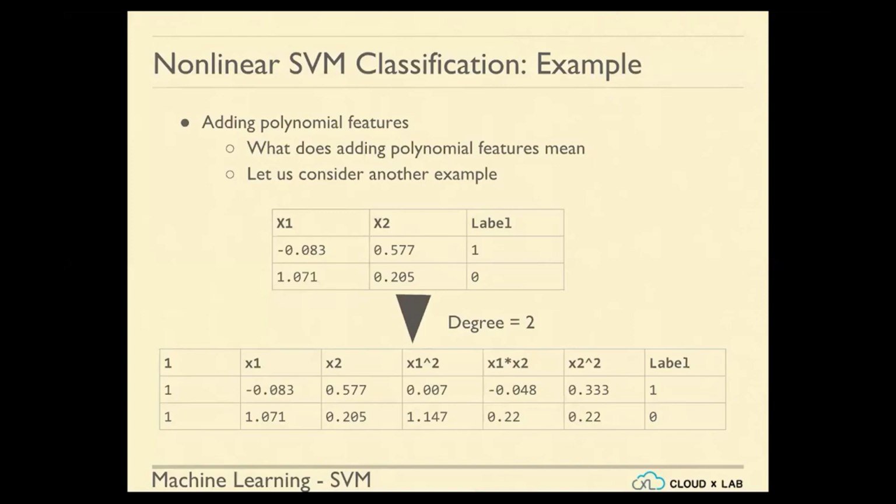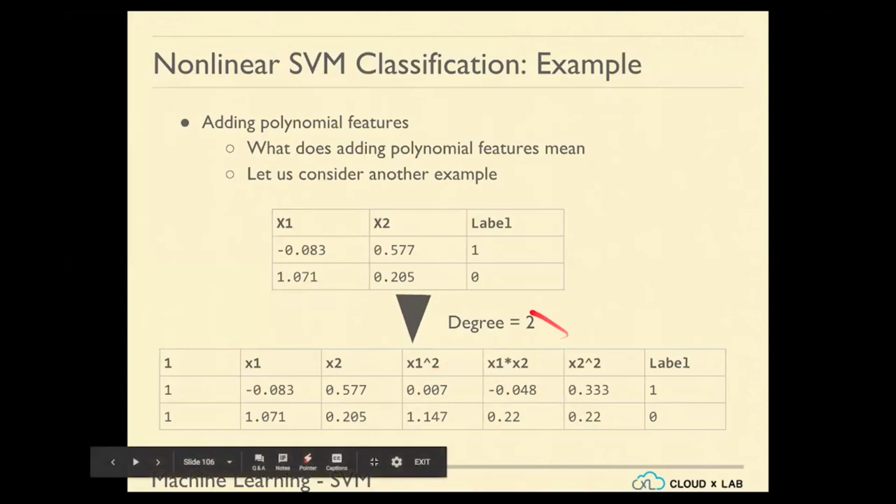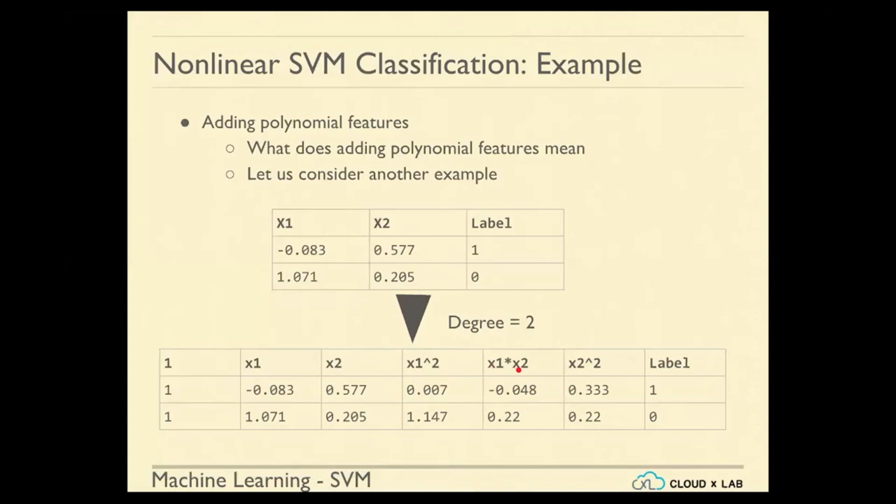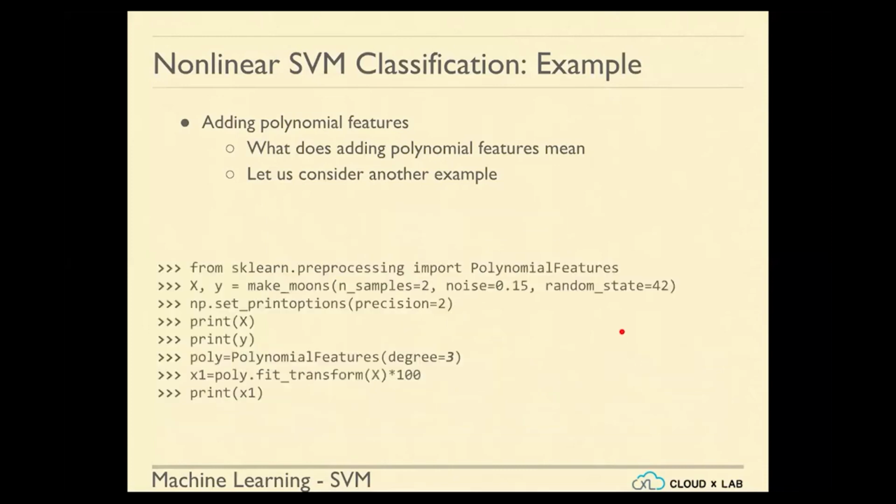But for polynomial features, this is what happens. If we were using polynomial features of degree 3, we'll be introducing more columns. We'll be saying x1 square, x1 cube, x1 into x2 square, x2 into x1 square, and x2 cube, like that, right?